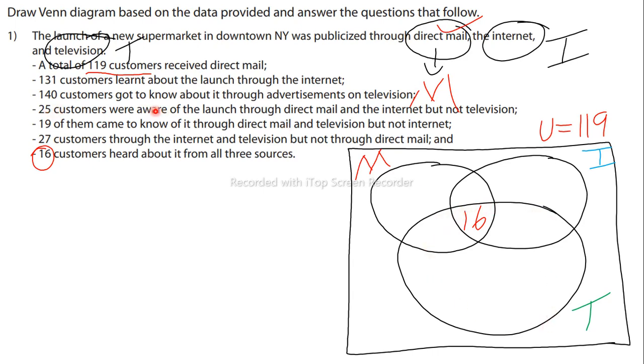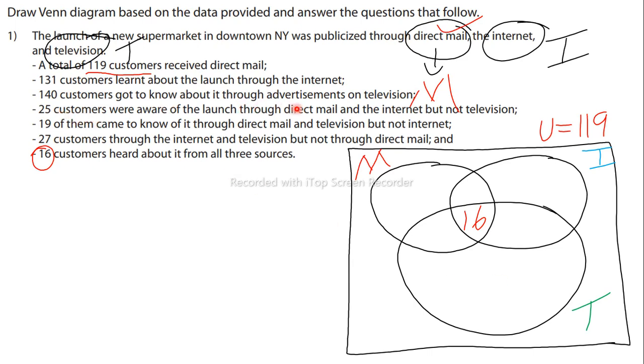25 customers were aware of the launch through direct mail and the internet, but not television. So they got it through mail and internet, but not television. Where would 25 go?